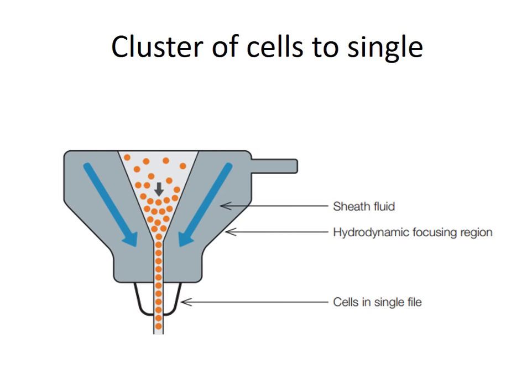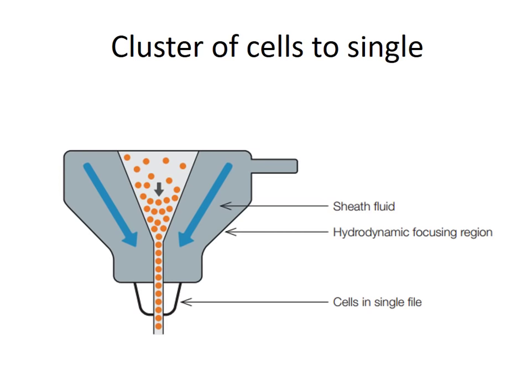And the sheath fluid's added at a certain speed and pressure that pushes the blood sample in towards a single stream in a manner that it's so thin that only one cell will fit into that stream. Okay? So that process of the sheath fluid being added and causing this effect is called hydrodynamic focusing, and the hydrodynamic focusing causes laminar flow.